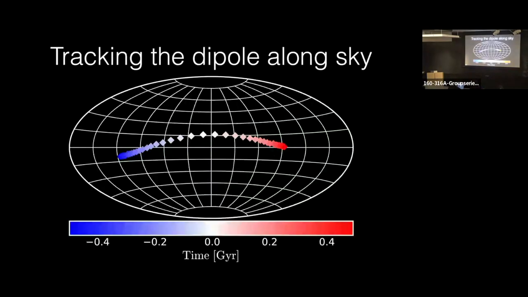Tracking the dipole along the sky, this is getting exactly what the plot on the right was showing earlier. This is not the dipole, but the position of the LMC as a function of time, where 0 is the pericenter snapshot. If we plot the actual location on the sky of these things, it gets a little funky. But before the LMC falls in, the halo can be doing whatever it's doing, so it's not necessarily a bad thing that it's misaligned.